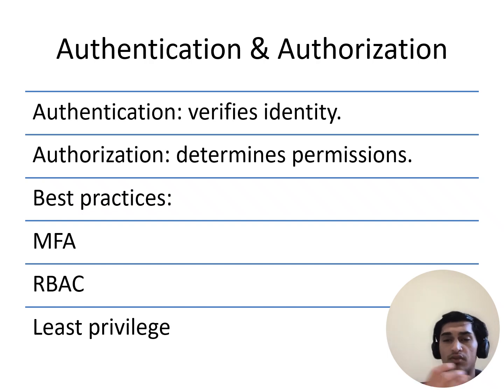If a cleaner works in a hospital, he doesn't need access to the nursing wards or nursing rooms unless he needs to clean something. So it's basically giving access to particular departments and the particular jobs that need to be performed by the same team. And least privilege is just giving access according to the priority level.